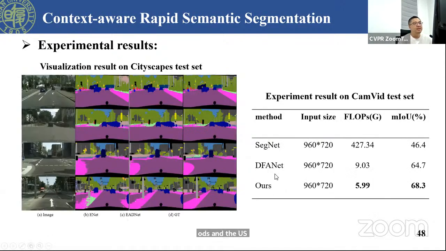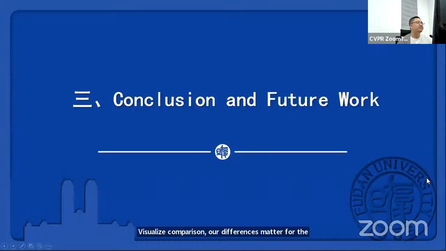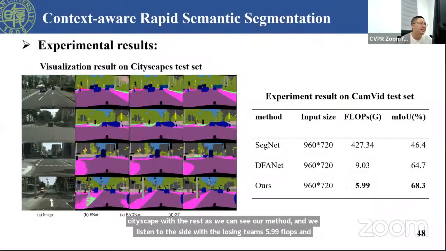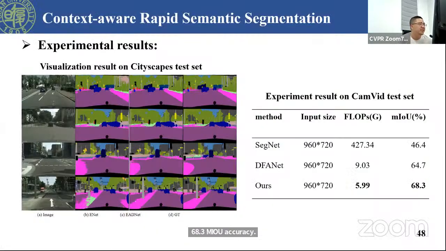And also, this is a visualized comparison of different methods for the Cityscapes dataset. We can see our method with this input size resolution achieves 5.99 FLOPs and 68.3 mIoU accuracy. So this is our fourth part, the context-aware semantic segmentation part.